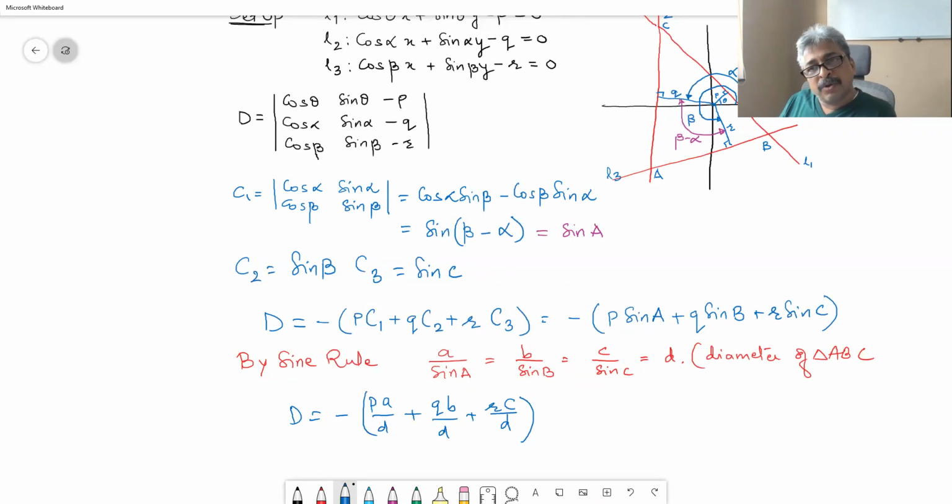Now small a into p is the area of the triangle OBC plus numerator. If you see, this is equal to minus 1 upon D times p into a plus q into b plus r into c, which is delta, the area of triangle ABC.